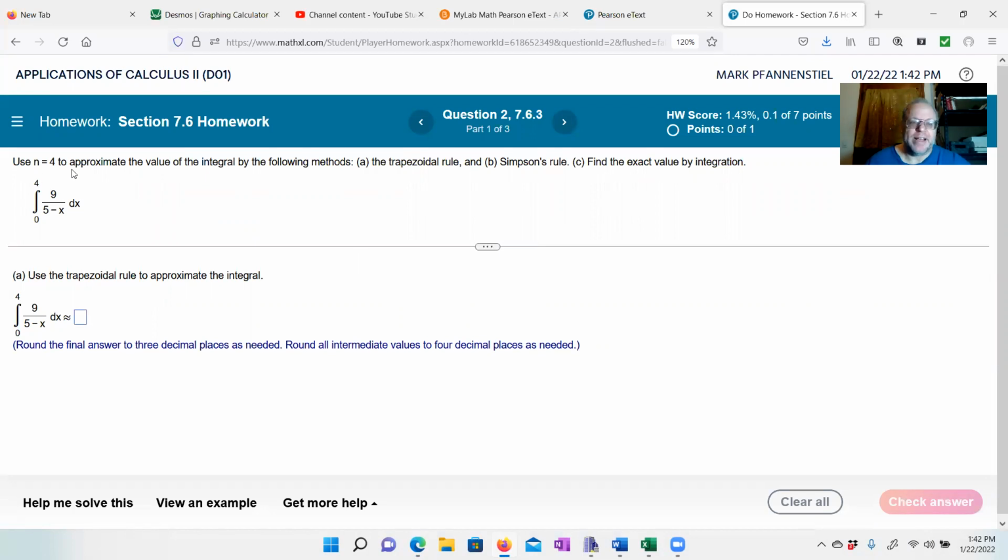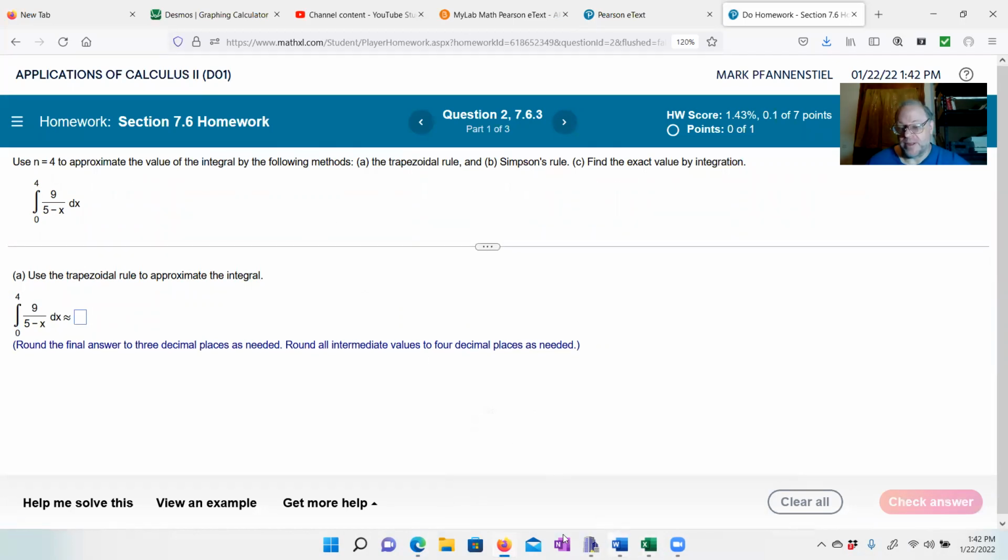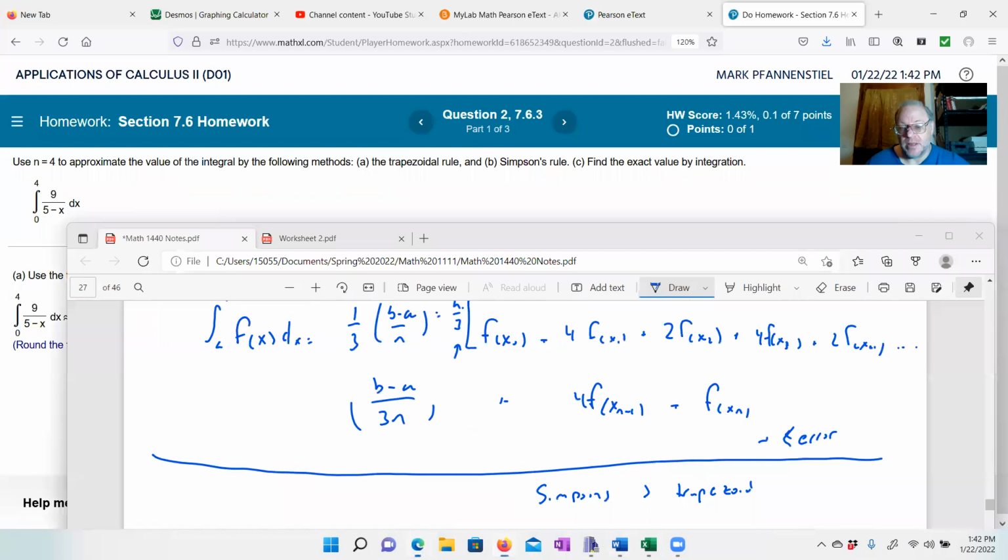So it says, use n to approximate the value of the integral with the following methods: trapezoid rule, Simpson's rule, and then C, we're going to find the exact value. We're going to go from 0 to 4, and we have n equals 4. So let's set this up and see what we've got. Because this is only 4, I think we could do it on a piece of paper here.